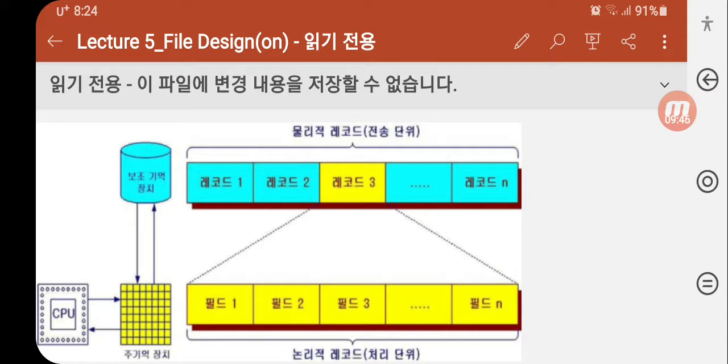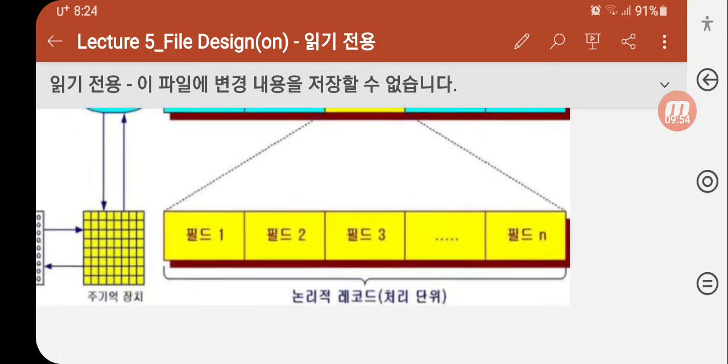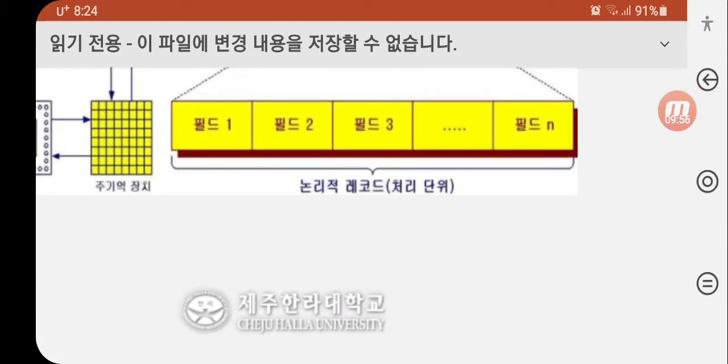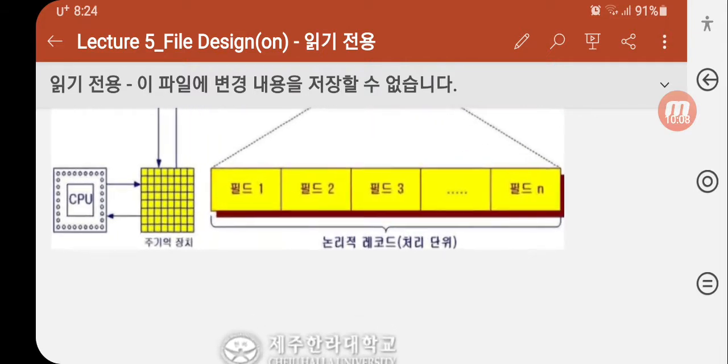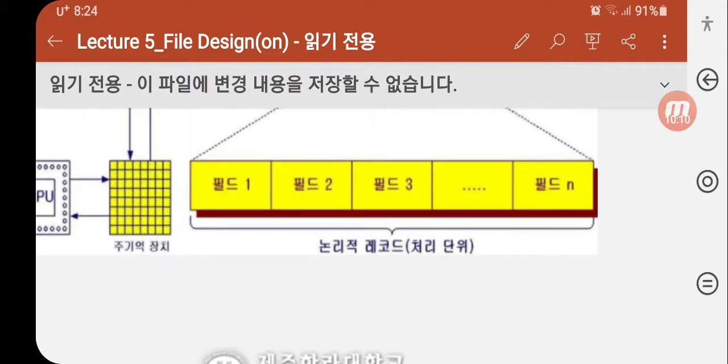Physical record is transport record. Record consists of fields. Logical record consists of fields. Logical record is the unit of processing.